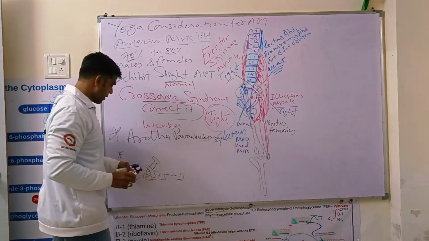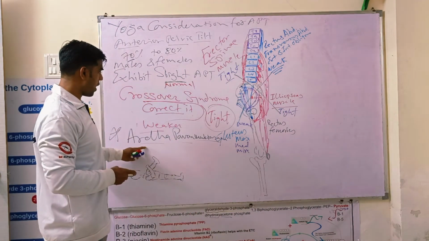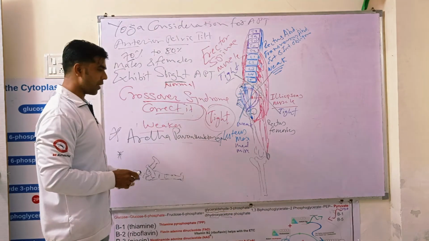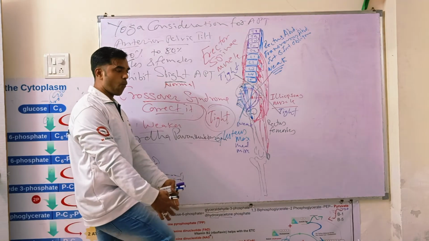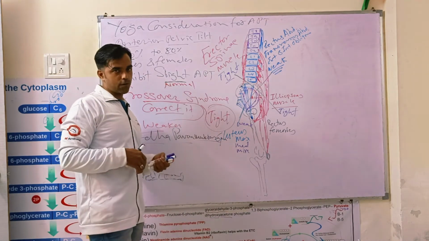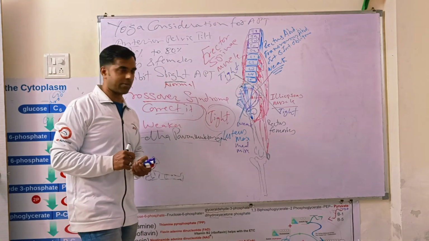So this is the yoga asana called Ardha Pavan Muktasana. In this asana, we take one leg towards the chest and hold as per the guidelines of the yoga instructor, right?